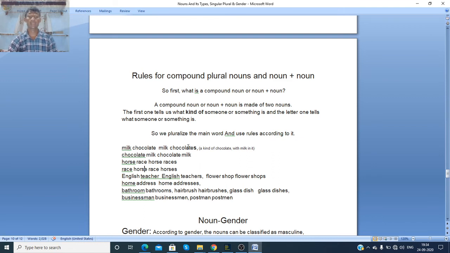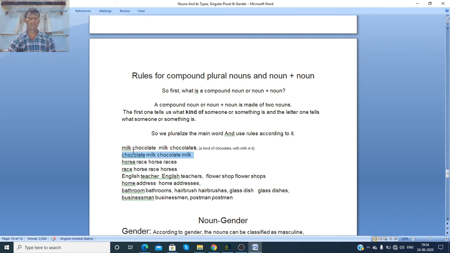Like milk chocolate, a kind of chocolate with milk in it, will become milk chocolates. Chocolate milk, a kind of milk with chocolate in it, but milk is not countable, so it will be in the same form. Chocolate milk will be chocolate milk because milk is uncountable.